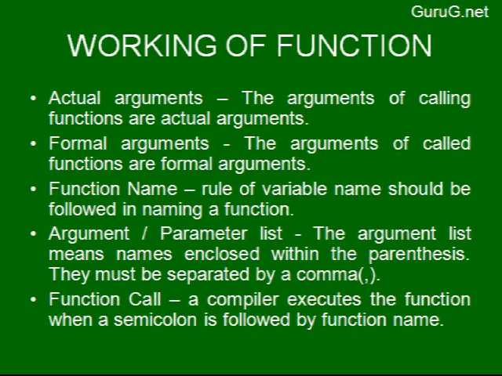The function name is followed by a parenthesis, and inside it we will be giving some variables. Those variables are called parameter list or arguments. Then we need to know what is a function call. A compiler executes the function when a semicolon follows the function name.